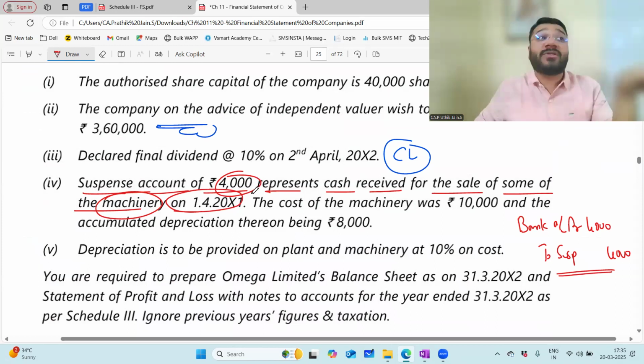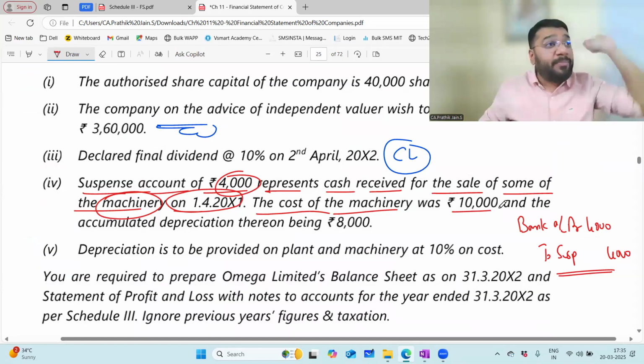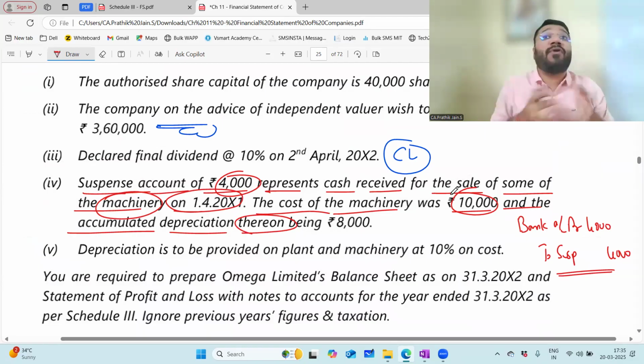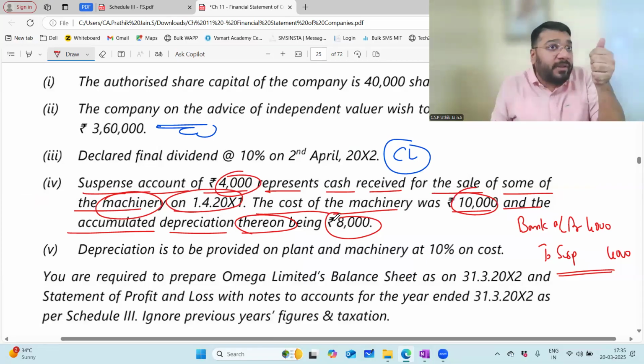The cost of this asset that is being sold is 10,000. Means I purchased that machinery for 10,000 rupees. I used it for a couple of years, so the used value of the asset is 8,000. Out of 10,000 worth of asset, I've used 8,000 rupees.